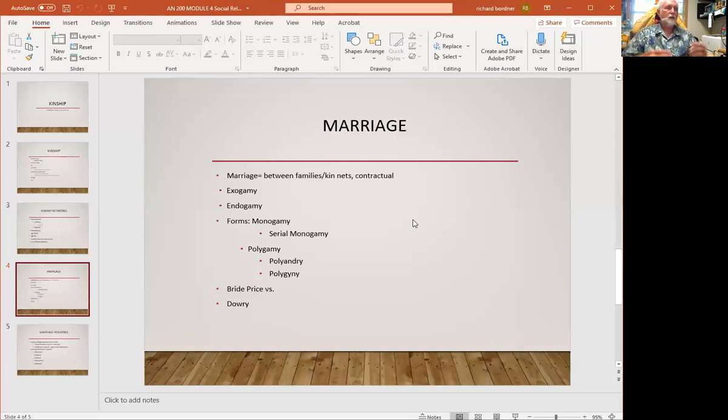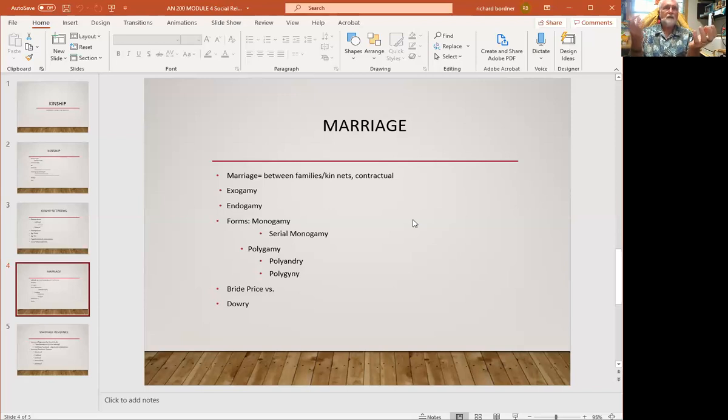What you do is, when a couple's getting married, especially if the woman's going to move to the man's family, she's going to be leaving her family of birth. Which means, as I mentioned before, if women provide most of the labor, then if a woman's leaving this family and moving into this family, they're going to lose her labor because now this family's going to take over her labor.